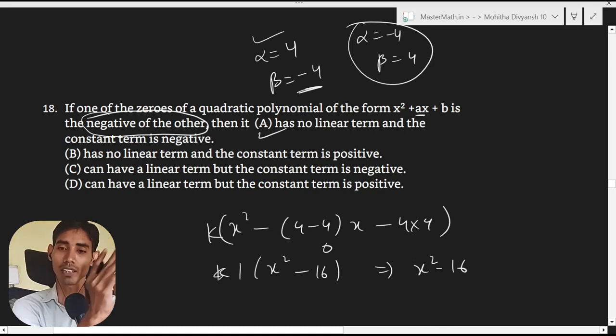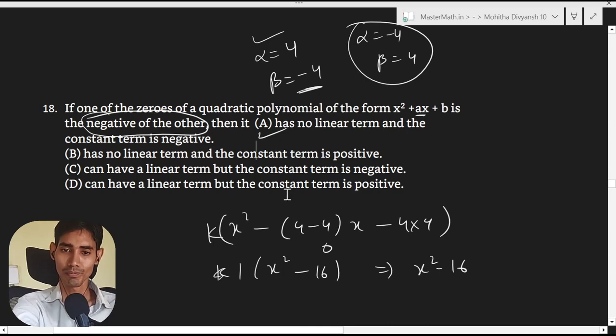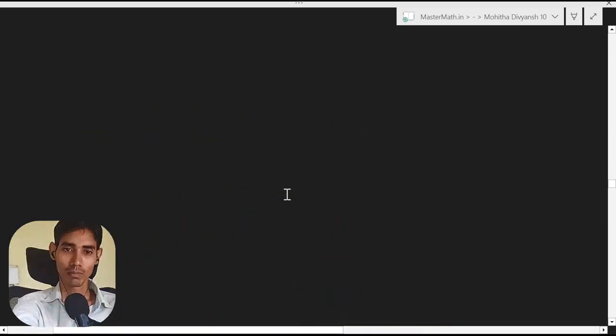Otherwise, you might get some equal roots and get away with that. But take some generic values, generalized values, and then try it. So one small positive value, plus 4 plus 16, and minus 4 minus 16, something like that. So that would help. So this is from my side.